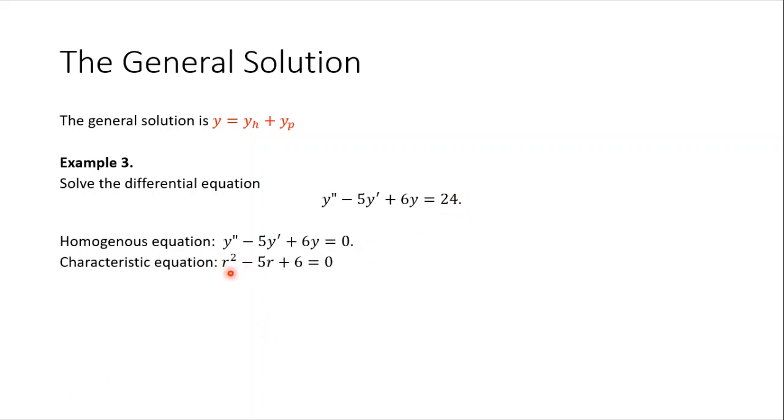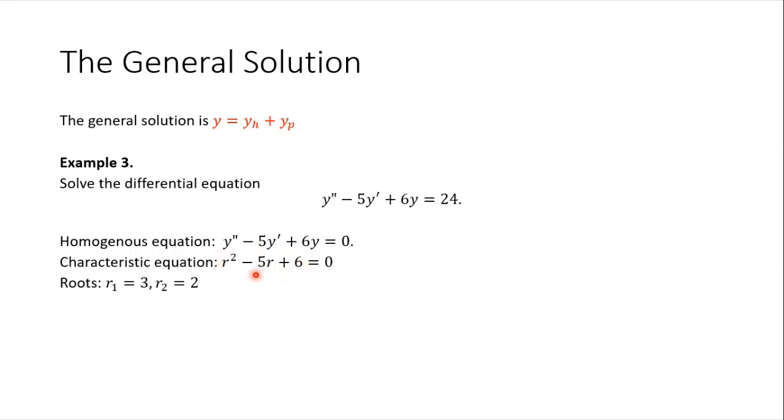By letting the solution be equal to c times e to the power of rt, if you substitute all the y, y prime and y double prime, you will get the characteristic equation like what we have done before. So this is the characteristic equation, r square minus 5r plus 6 equal to 0.